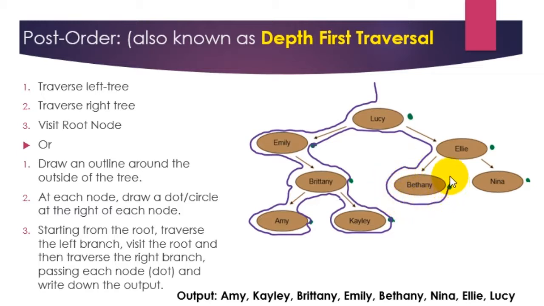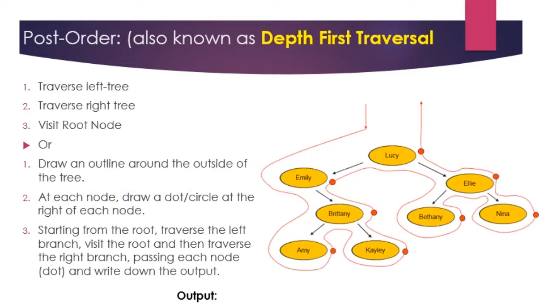I then go past Bethany, then Nina, and then Ellie. So Bethany, Nina, and Ellie, and finally all the way around, I go through that circle where Lucy is, and therefore Lucy gets outputted here. And that's all a depth first traversal is. It's dead easy. Okay, give you a slightly nicer graphic to look at. But depth first traversal, you simply draw the dots on the right hand side, go all the way around until you get to the end.